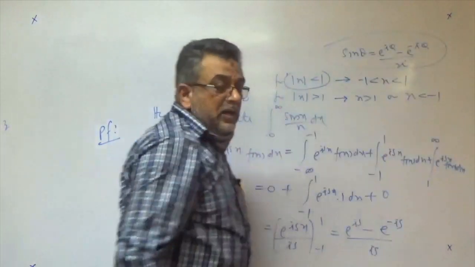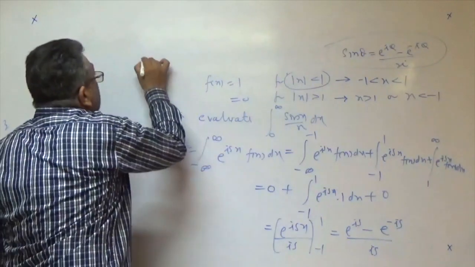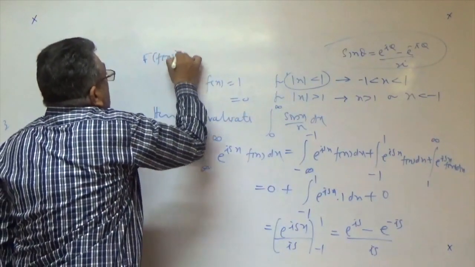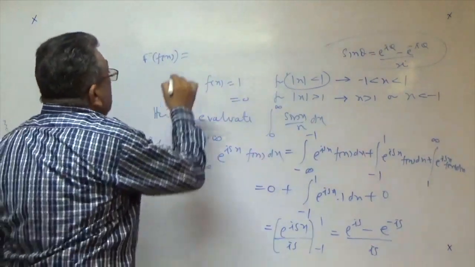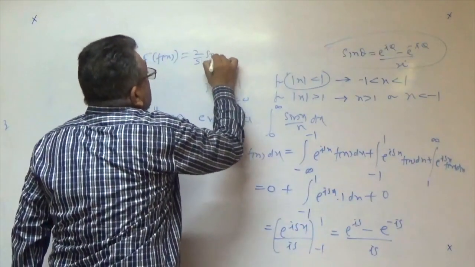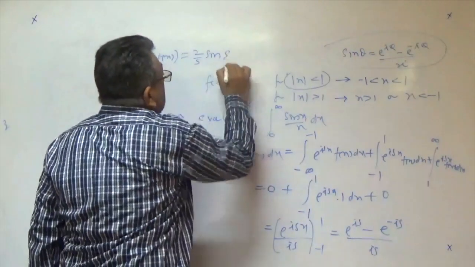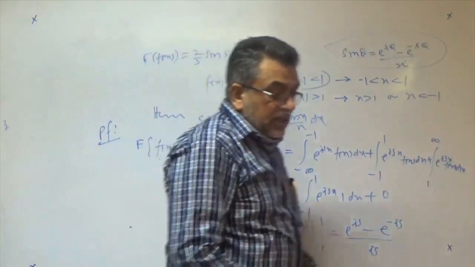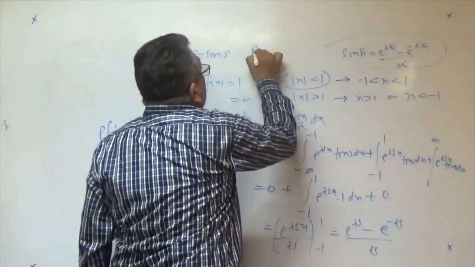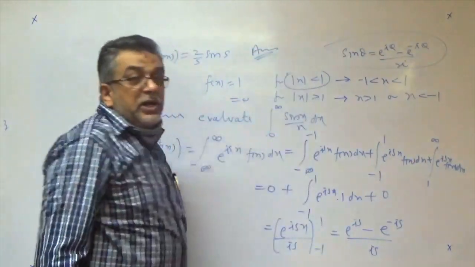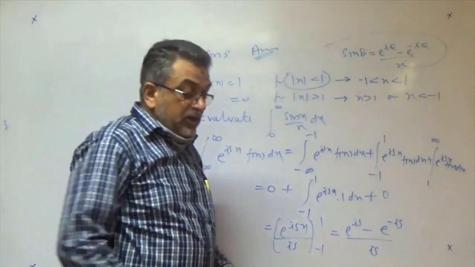By this formula, this result will be converted into sine form. That is, if you divide by 2, then it is 2 upon s times sine s, right? This is the final answer. That is the answer of the first part of the question, the Fourier transform of the given function.